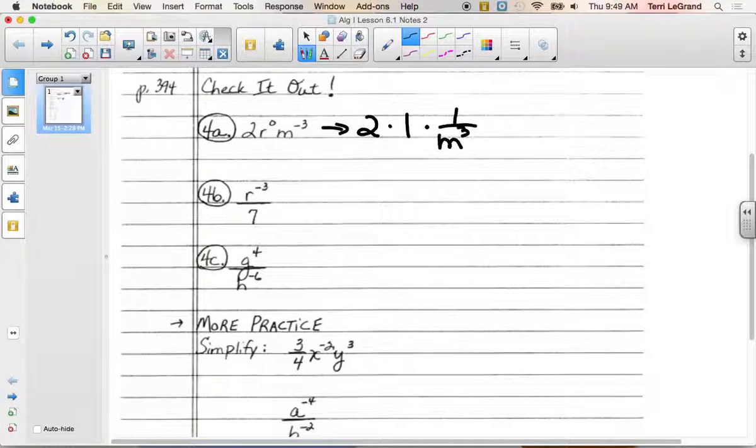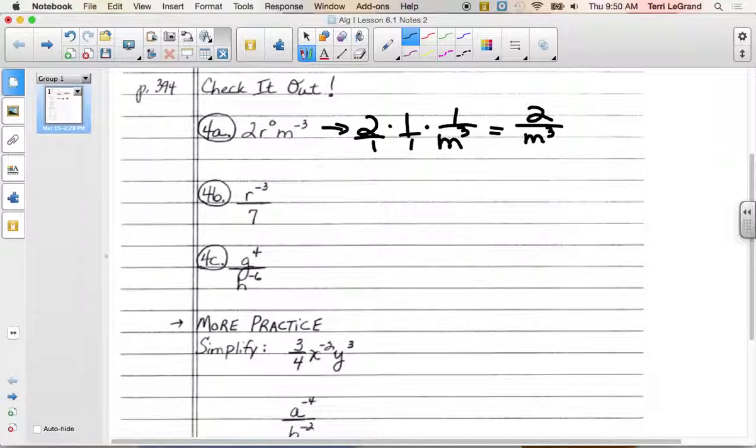Okay, well now since we have that fraction, let's make these other ones into fractions also. And let's multiply across. 2 times 1 times 1, 2. 1 times 1 times m to the 3rd, m to the 3rd downstairs. So, do you think we can simplify that anymore?